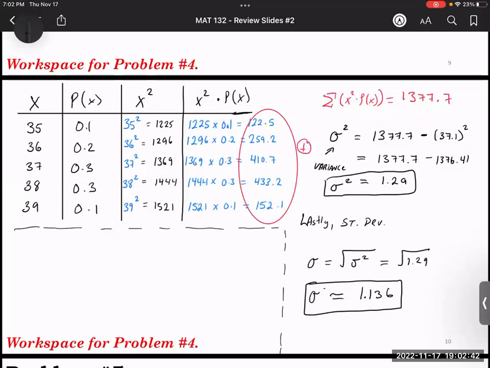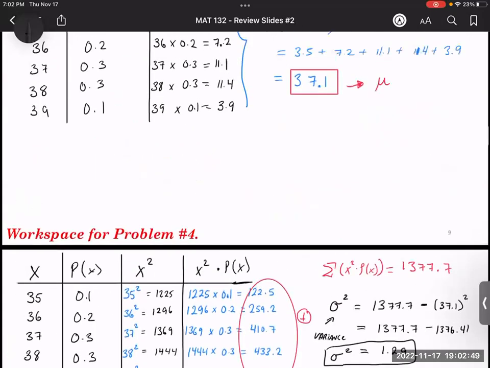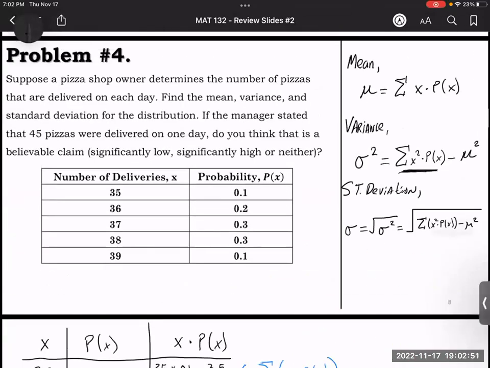All right, there's more to this problem. There was more. Sadly, there was more. The question stated, if the manager stated that 45 pizzas were delivered on one day, do you think that that's a believable claim? In other words, do you think that this is likely to happen?